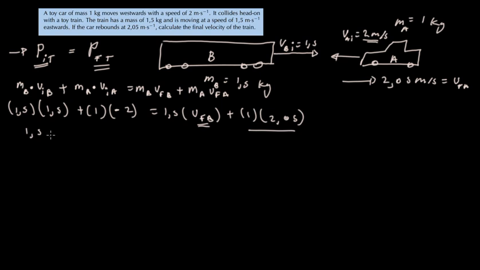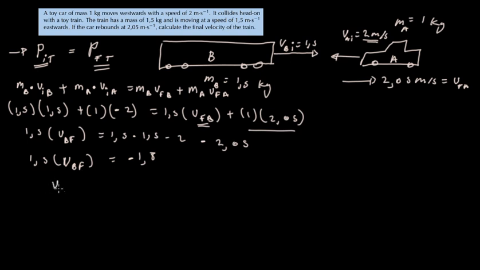It's going to be 1.5 VBF equals, that part will be 1.5 multiplied by 1.5 plus, I meant to say minus 2 minus 2.05. 1.5 VBF equals, we're going to have negative 1.8.